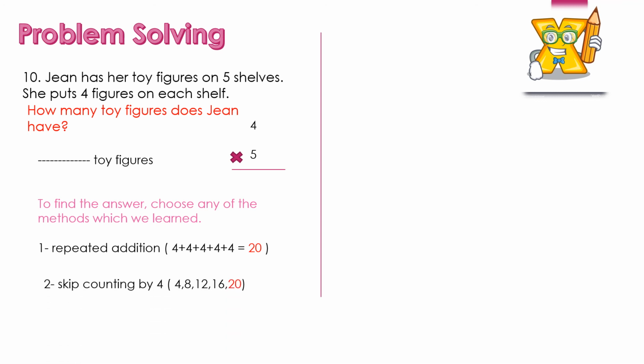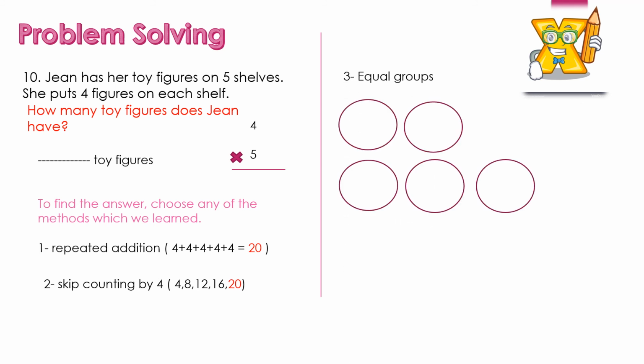Or skip counting by 4s. Use your hands, fingers, 5 fingers. Start from number 4: 4, 8, 12, 16, 20. Or draw equal groups. I have 5 shelves which model 5 equal groups.